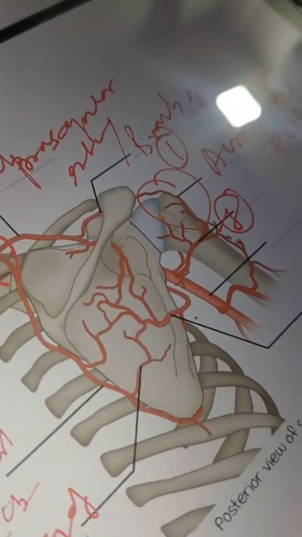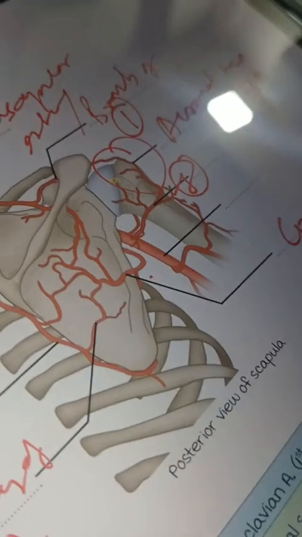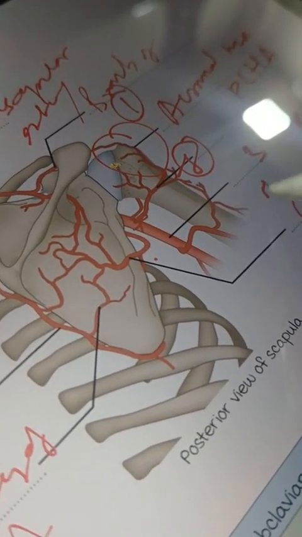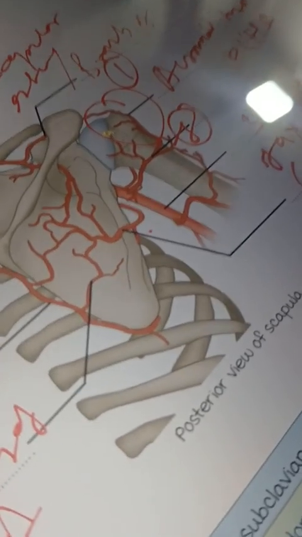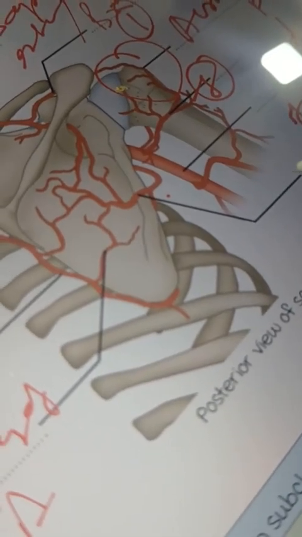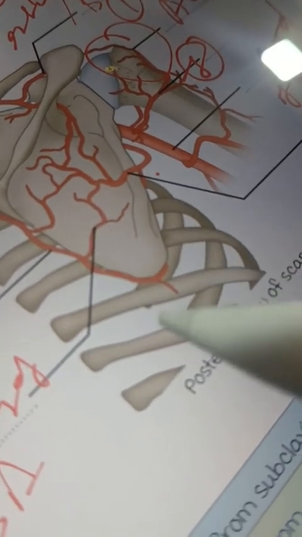So very important, circumflex scapular artery. What is this? Third part of axillary artery. And this is known as basically circumflex scapular artery. Then what is this? This is again the deep branch.